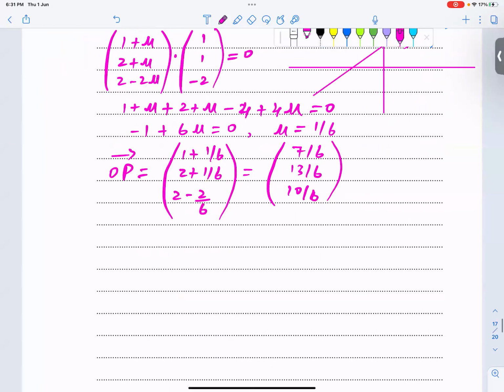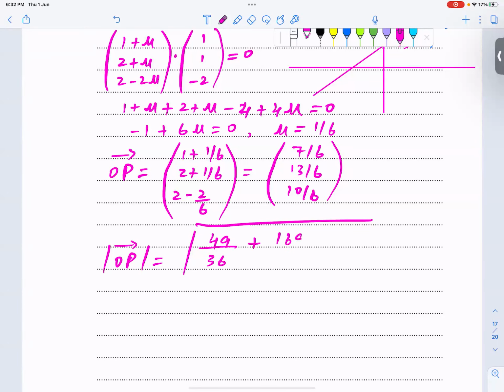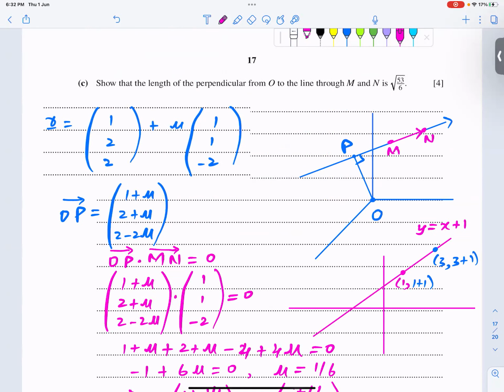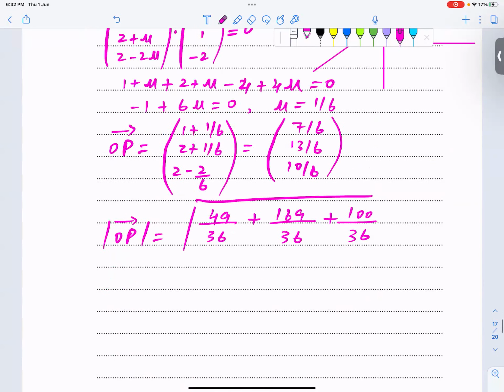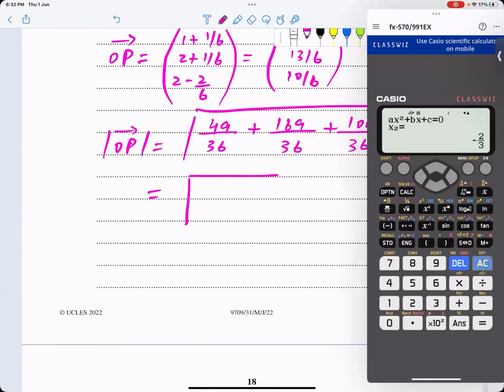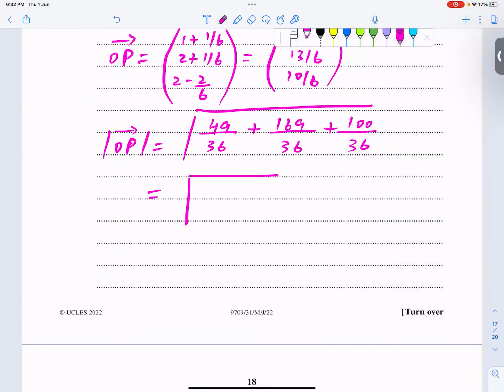Now take its mod to get the length. The mod will be the square root of 49 over 36 plus 169 over 36 plus 100 over 36. We also need to show that this length is square root 53 divided by 6. So add these values: 49 plus 169 plus 100 is 318, all divided by 36.